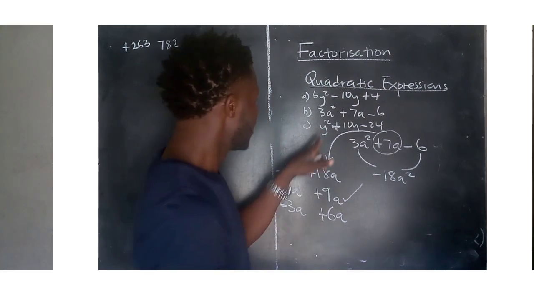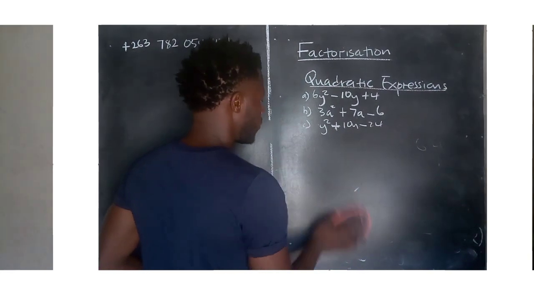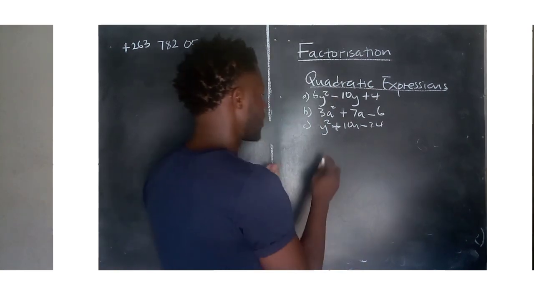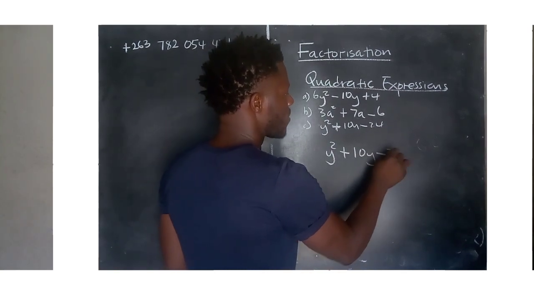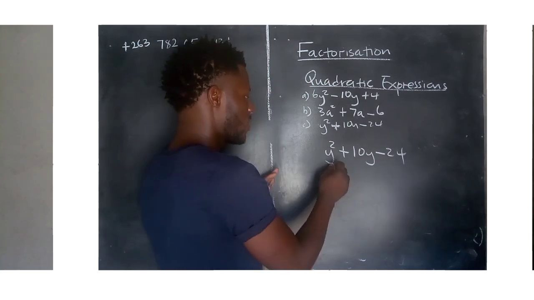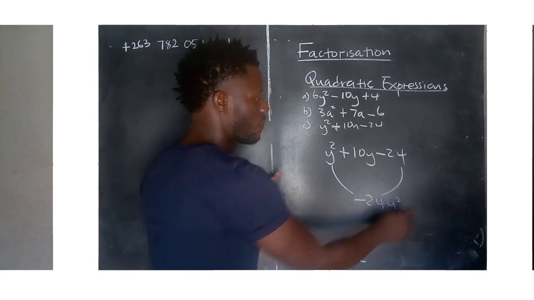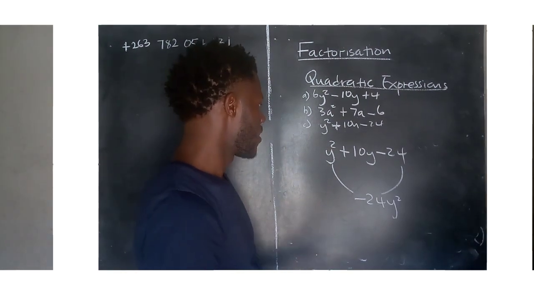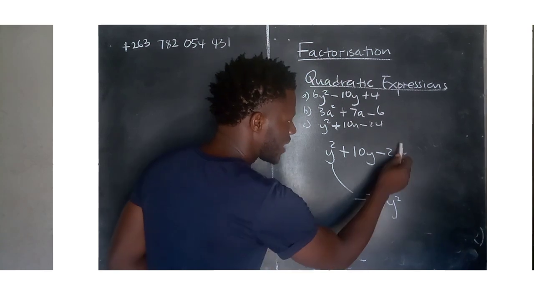So quickly, let's go through example number 3: y squared plus 10y minus 24. You multiply the first and last digits to get the product. So in this case, we have minus 24y squared. Always the product will take the sign of the C value.